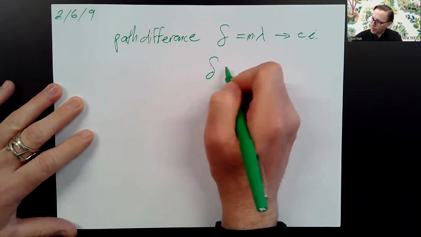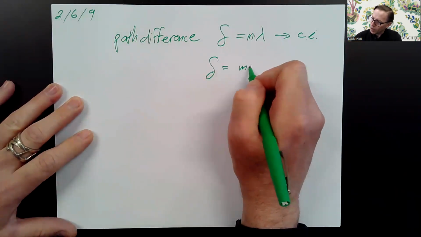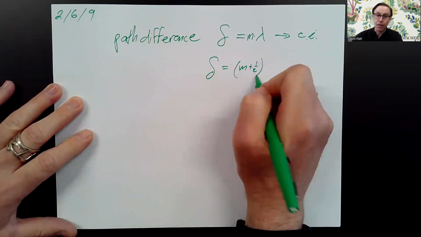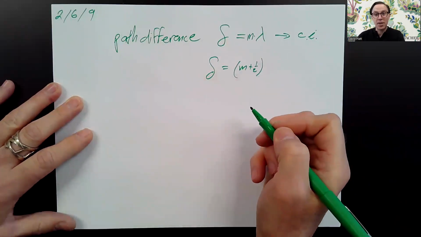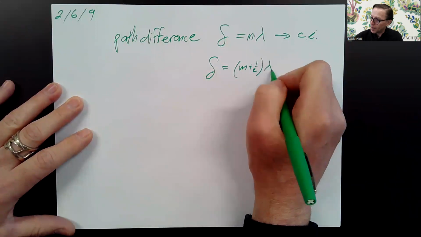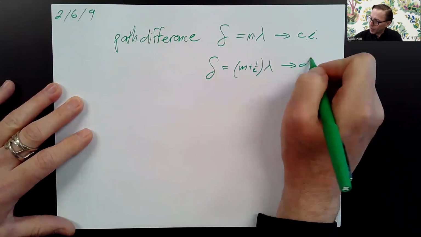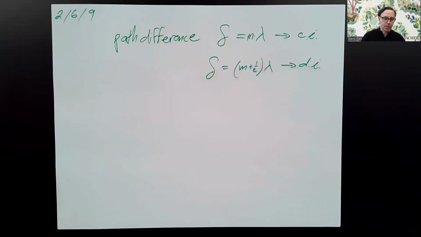And if the path difference equals an integer plus 1/2, like 1/2, or 1.5, or 2.5, or 3.5, or 4.5, times a number of wavelengths, that gives me destructive interference. So we're going to look at some examples of that.